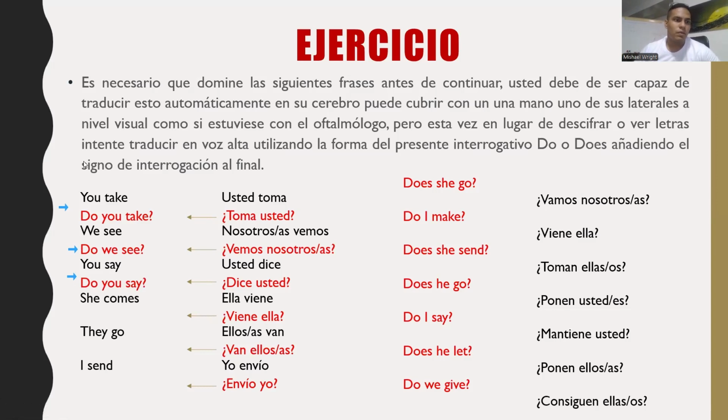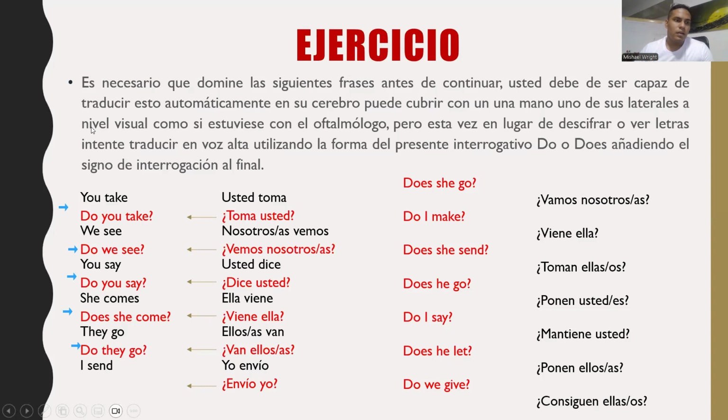Let's see the next one. She comes. How would it be in the question form? It would be does she come? Okay, they go. How would it be in the case of questions? Do they go?